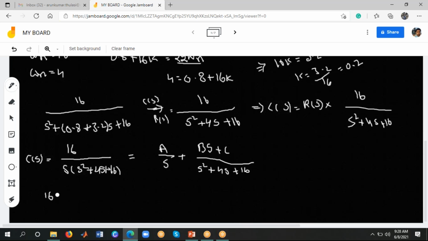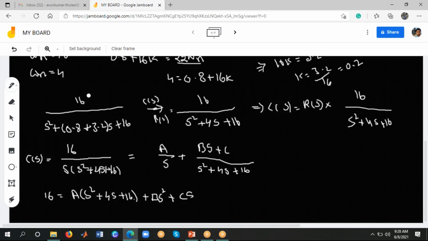So 16 is equal to A into (s square plus 4s plus 16) plus Bs square plus Cs. Then find the value of A, B and C.